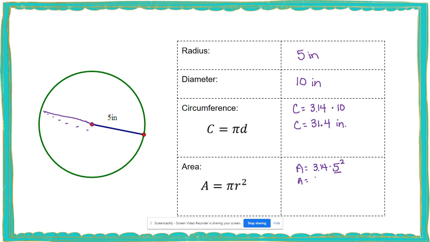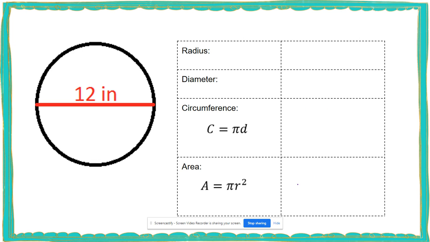So 5 times 5 gives me 25. So to find my area, I'm actually going to do 3.14 times 25. Now, when I multiply 3.14 by 25, I get 78.5. Again, I need to always have my units of measure. So this circle was measured in inches, and area is always measured in square units. So this is going to be inches squared.